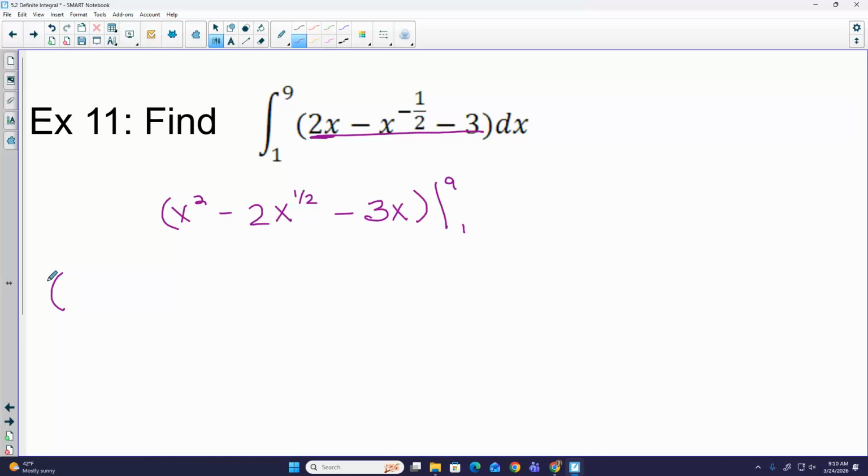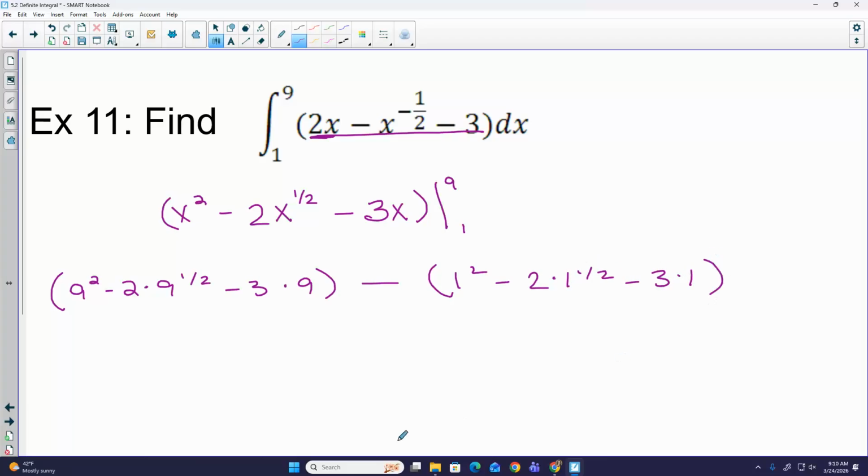All right, so now I'm going to plug in my 9. And I'm going to subtract what I get when I plug in my 1. So 9 squared is 81. 9 to the 1/2, so square root of 9 is 3, times 2 is 6, minus 27. Over here I have 1 minus 2 minus 3.